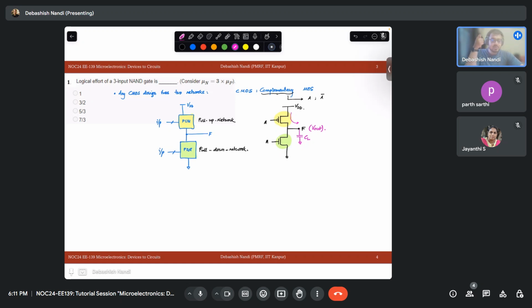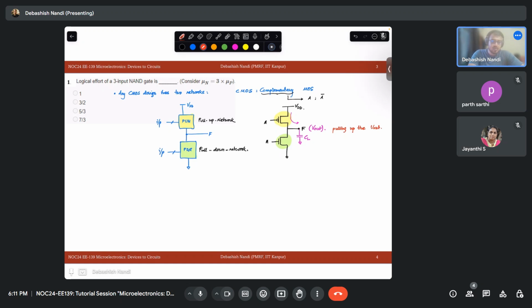But you need to tell me specifically what it is pulling up. Just think a little bit. It should be obvious. It is pulling up the V out, right?